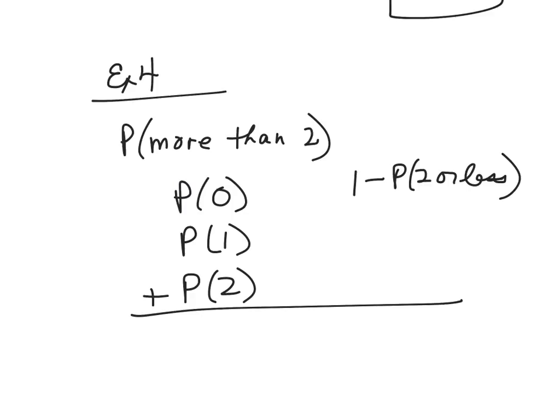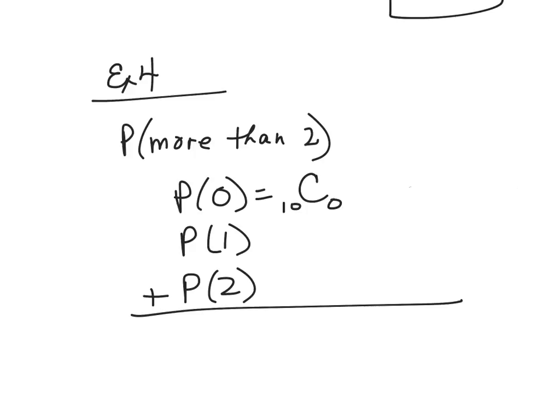Okay, so the probability of 0 would equal a combination of, he's going to bat 10 times, so my n is 10. Number of successes is 0.